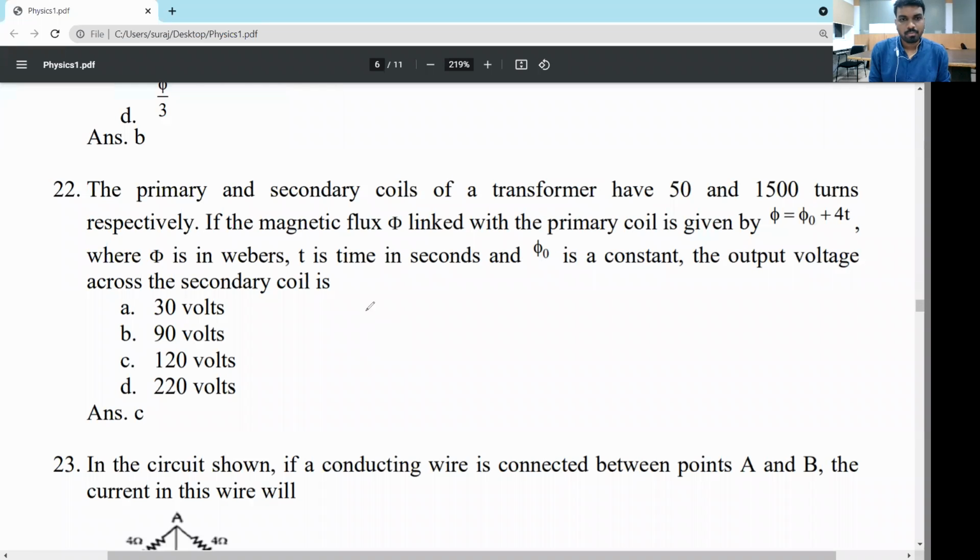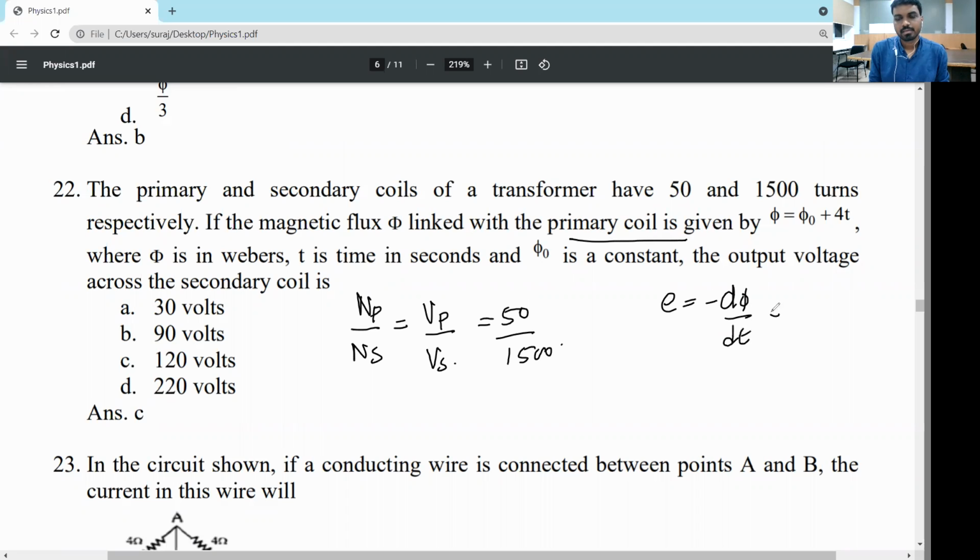Number of turns in the primary coil by number of turns in the secondary coil equals V in primary by V in secondary. This we know, right? So this is given as 50 by 1500. The primary coil flux is given, so I can find the potential. E is equal to minus d phi by dt.